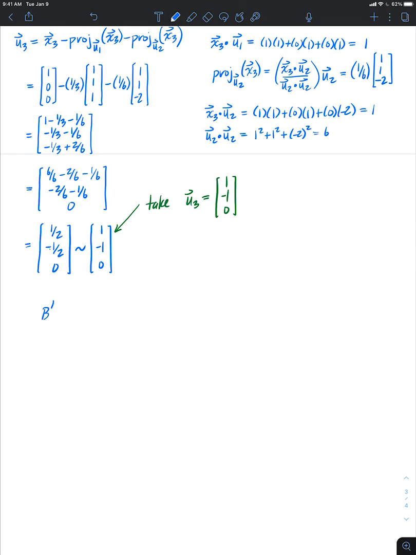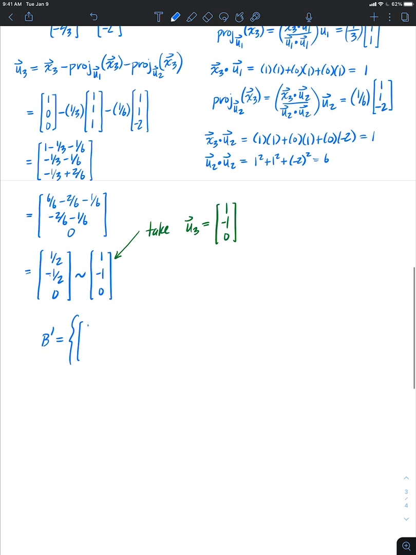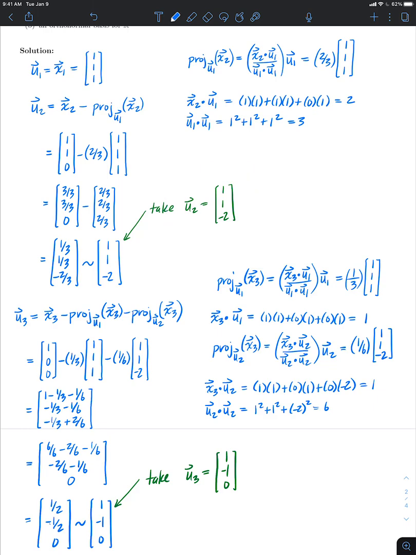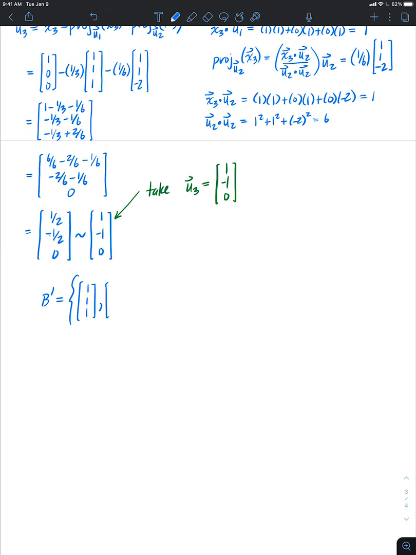So B prime, that's the notation we'll use for our modified basis. So the first vector u1 was just 1, 1, 1. Right? That was our u1. Our second vector was u2, 1, 1, negative 2.